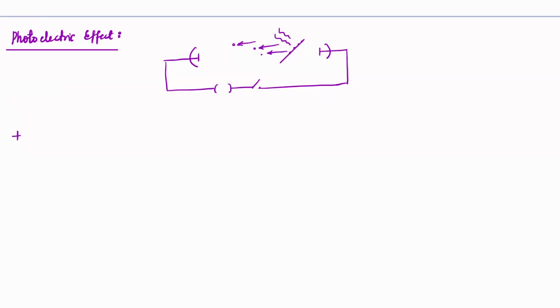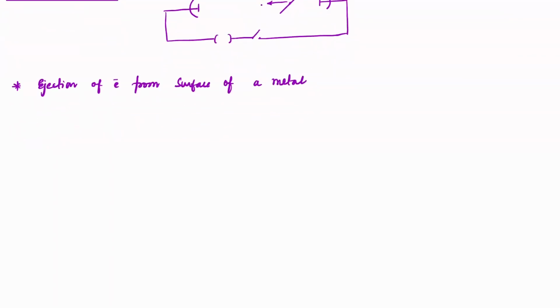So in simple terms, ejection of electrons from the surface of a metal. Got it? Suppose there is an electron here, a packet of energy is falling as h nu here. So this electron is taking that energy, coming out and gaining some kinetic energy.